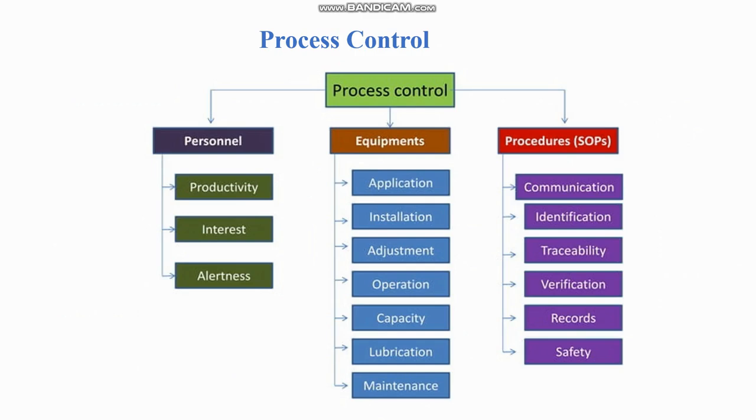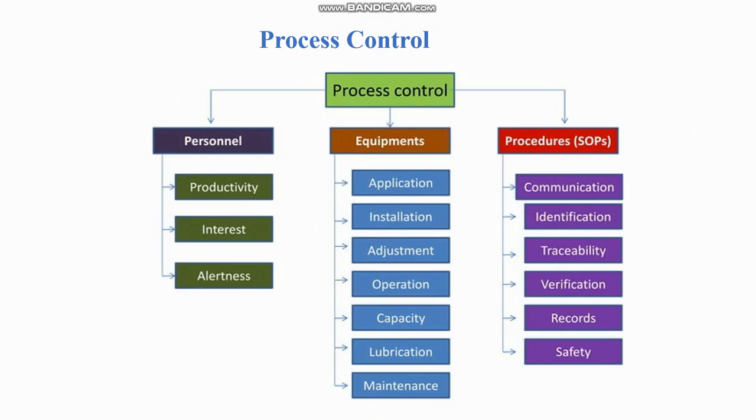This slide also tells us how the process of controls goes on. It involves three steps. One is the personnel, second is the equipment, and third is the procedures or the SOPs. In personnel, we see the productivity, interest, and alertness.